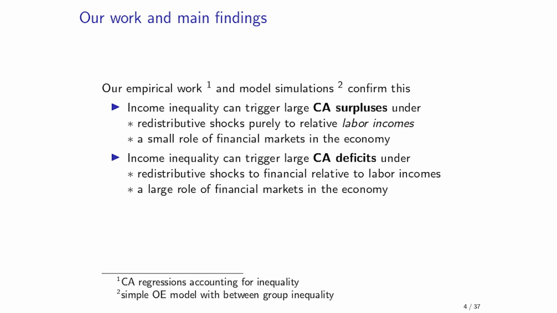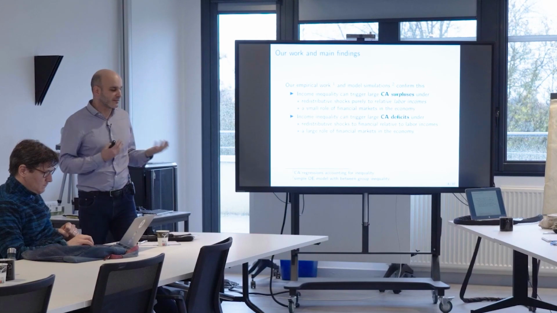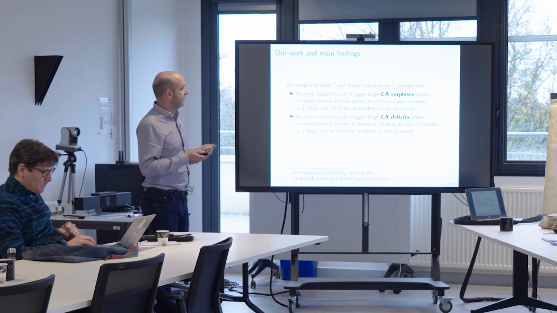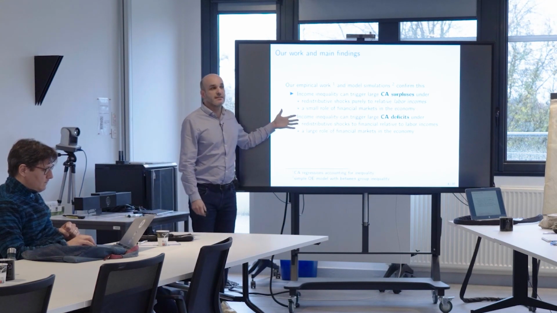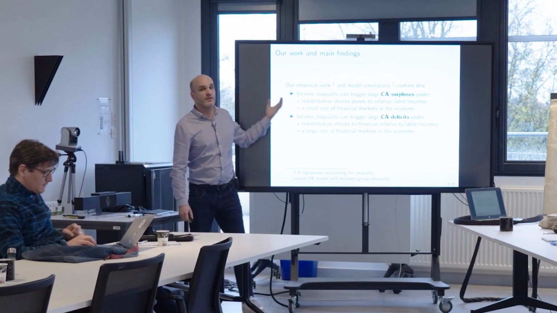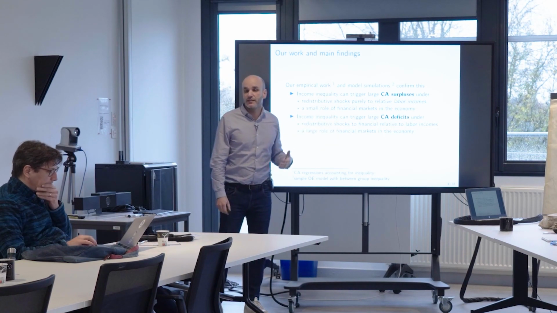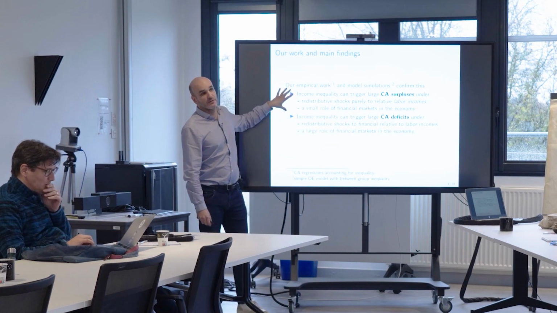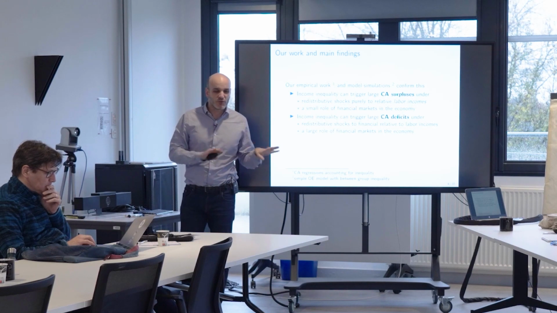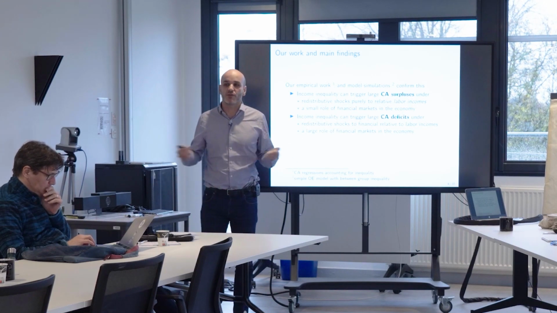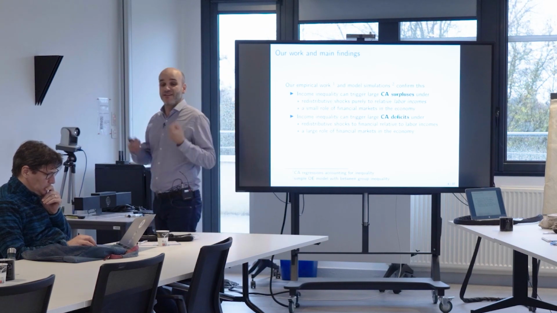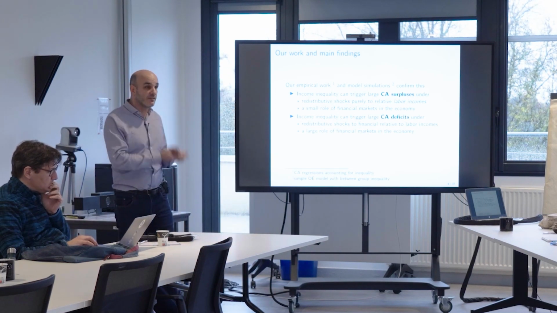Okay? And so, of course, there is not a one-to-one mapping. And of course, if the economy has very developed financial markets, then we're more likely to see financial income redistribution than in countries where financial markets are less developed. So the kind of prototype countries that we have in mind are the UK, where there was rising inequality and rising current account deficits.